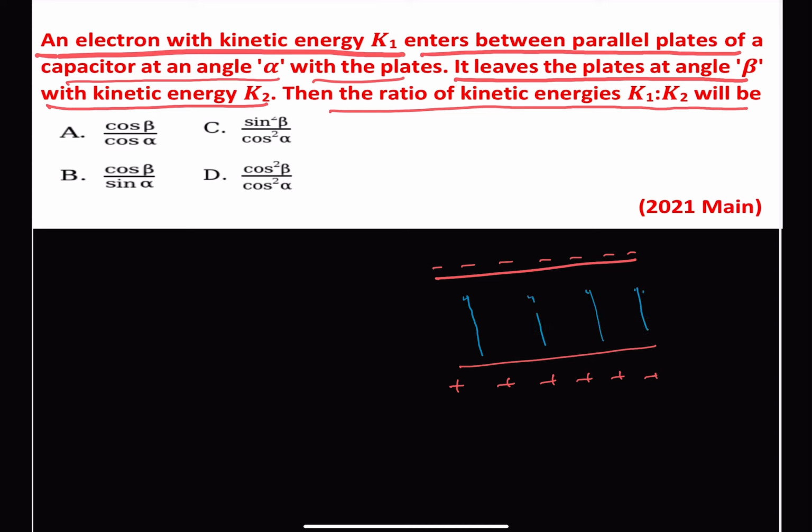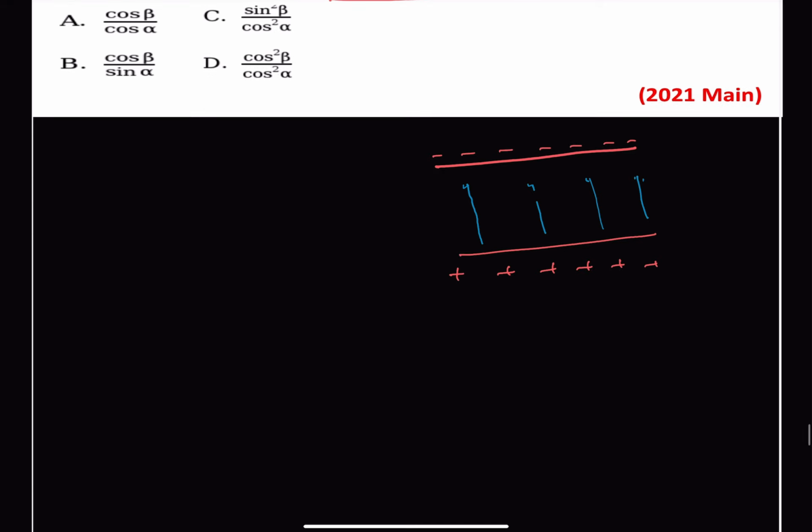Suppose we have a charge entering at an angle of alpha with the plates, and it leaves with an angle of beta with the plates.